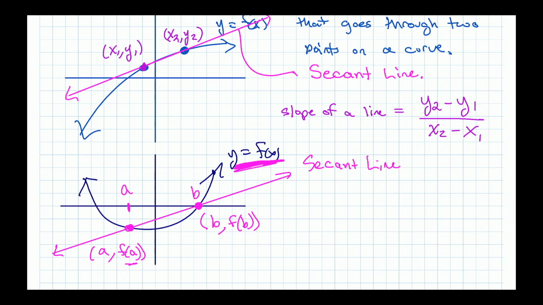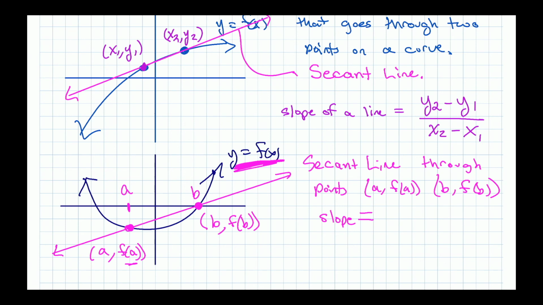So if your line goes through points (a, f of a) and (b, f of b), what would the slope be?